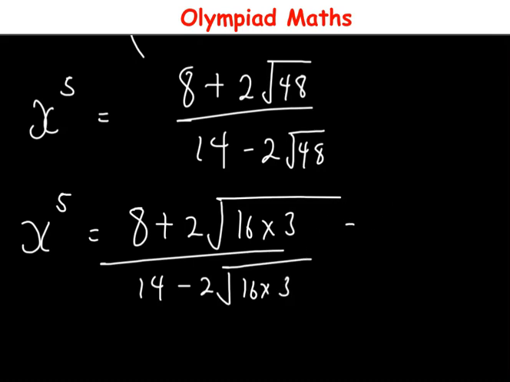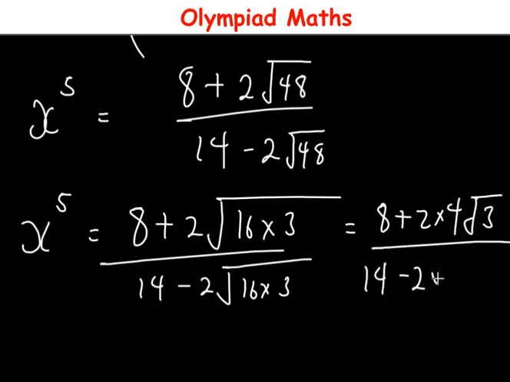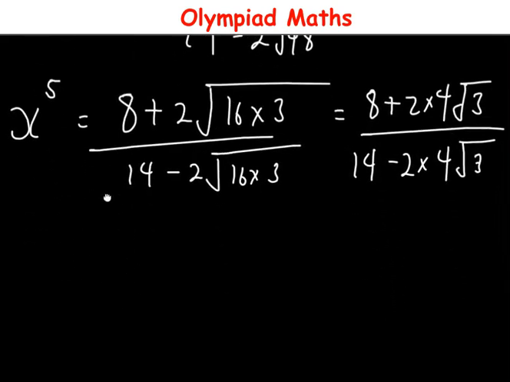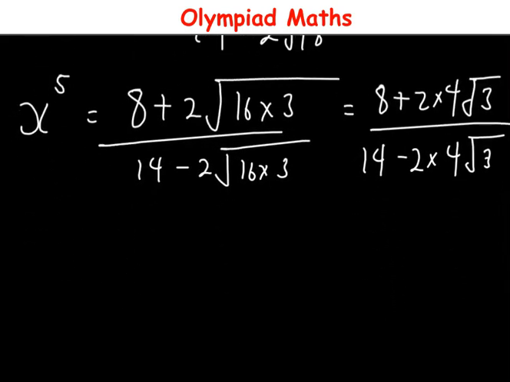This equals 8 plus 2 times root 16, which is 4, times root 3, all over 14 minus 2 times root 16, which is 4, times root 3. Okay, so the next thing we're going to do is to factorize out 2 from the numerator and also from the denominator. So what we have is this.